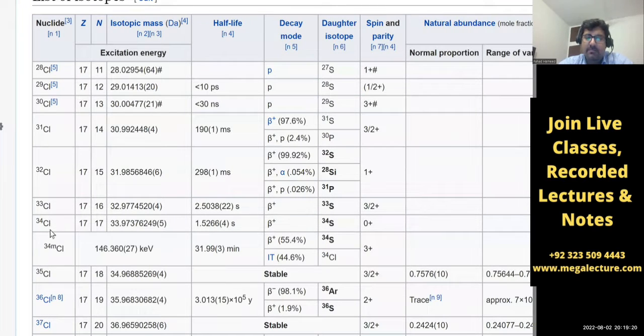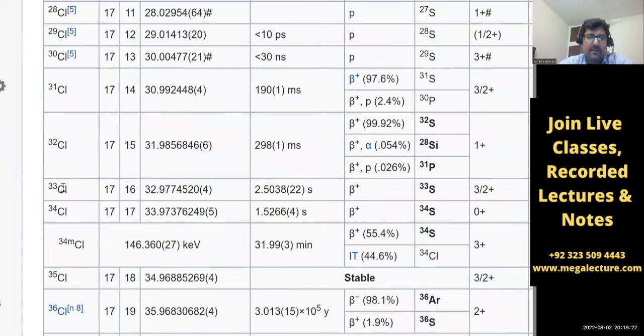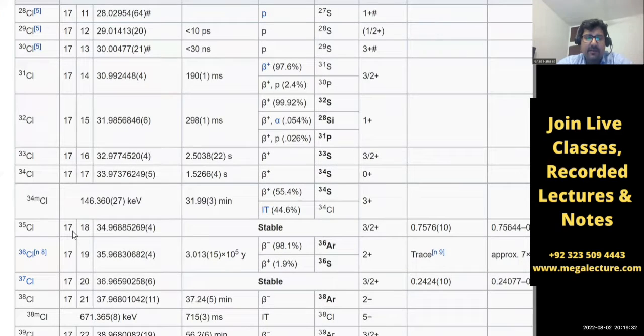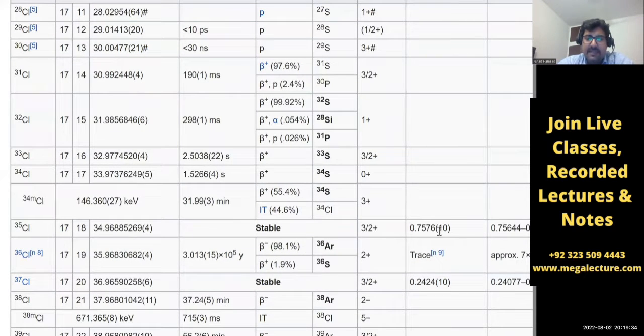Chlorine 34 is almost non-existent. It does exist, maybe a few atoms on planet Earth, but very, very rare. As for chlorine 35, its abundance here is approximately 75%, 0.75 out of 1, right? And then there's chlorine 37, which is approximately 25%.